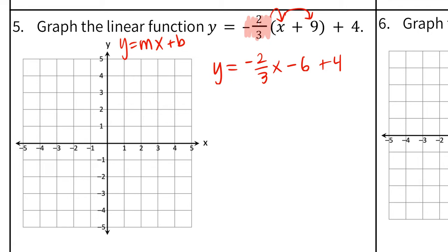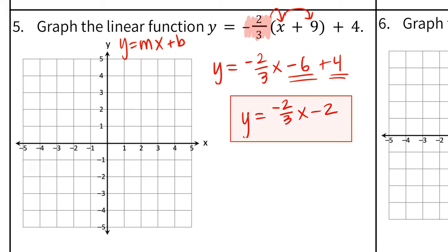Then we're going to combine those last two because they are like terms. So now I have y equals -2 over 3x minus 2. Now it's in y equals mx plus b. So now I can tell you for certain that the slope is negative 2/3 and the y-intercept, b, is negative 2.